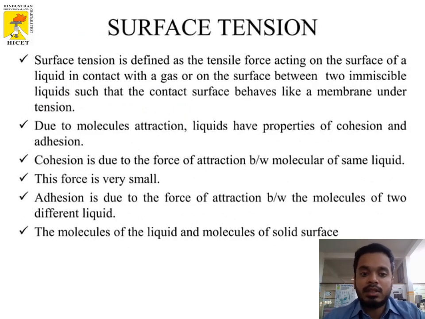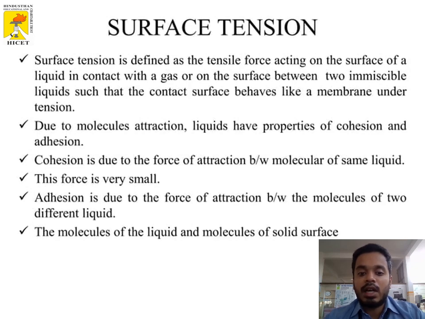Next is surface tension. Surface tension is defined as the tensile force acting on the surface of a liquid in contact with the gas or on the surface between two immiscible liquids. Immiscible means liquids that cannot be mixed naturally, so we should mix them using a pressure or force. The surface behaves like a membrane under tension.